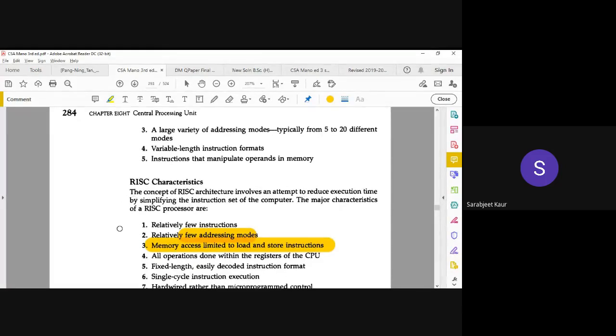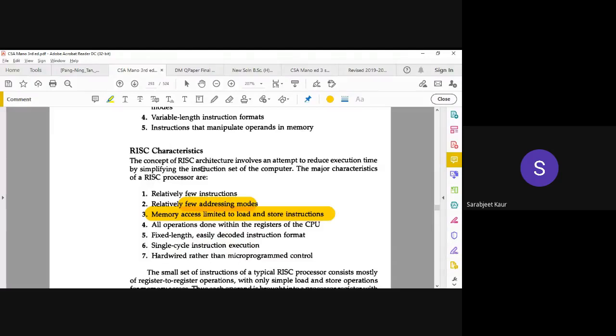Okay, so you can see that the concept of RISC involves an attempt to reduce the execution time by simplifying the instruction set of the computer. Okay, the major characteristics are few instructions, few addressing modes, so everything opposite than the earlier one.